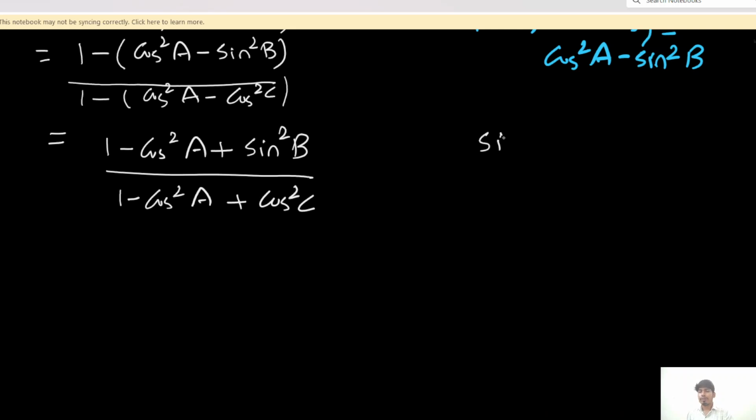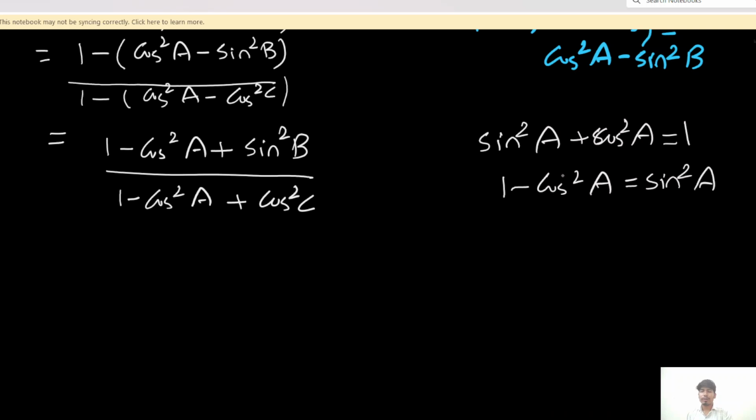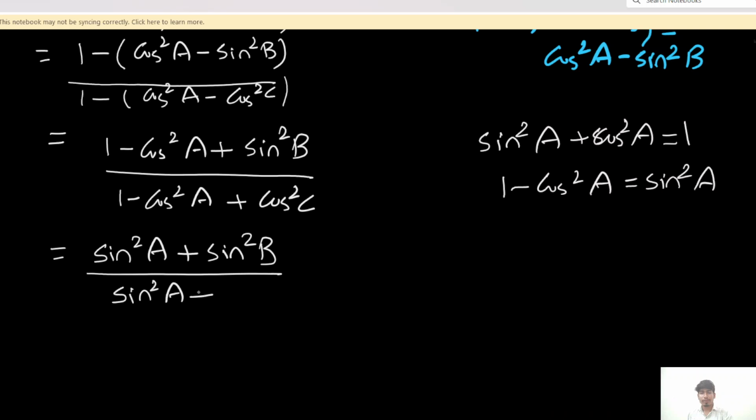We know sine square a plus cos square a is equal to 1, so 1 minus cos square a is equal to sine square a. Put sine square a here and here too. Then we get sine square a plus sine square b upon sine square a plus cos square c.